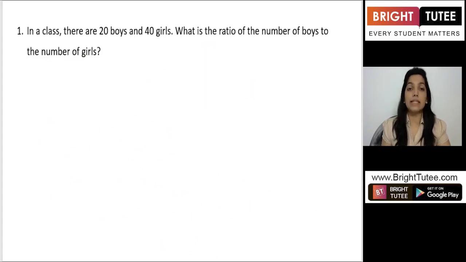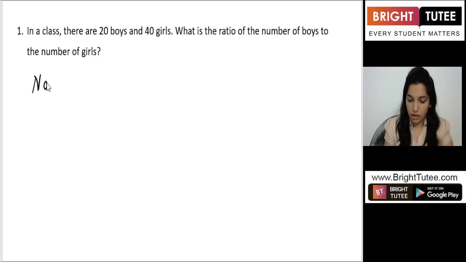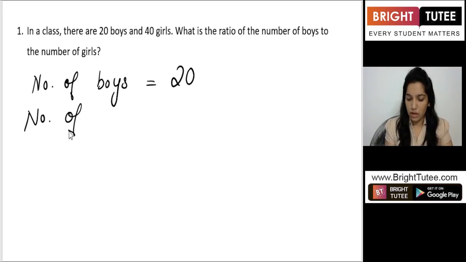Moving ahead to the next one. Here it says in a class there are 20 boys and 40 girls. What is the ratio of the number of boys to the number of girls? Simple. Here we are given number of boys is equal to 20. Then what are we given? Number of girls. What is it?